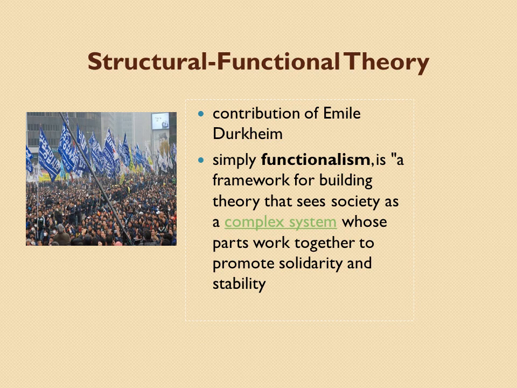Emile Durkheim, another early sociologist, applied Spencer's theory to explain how societies change and survive over time. Durkheim believed that society is a complex system of interrelated and interdependent parts that work together to maintain stability, Durkheim, 1893, and that society is held together by shared values, languages, and symbols.